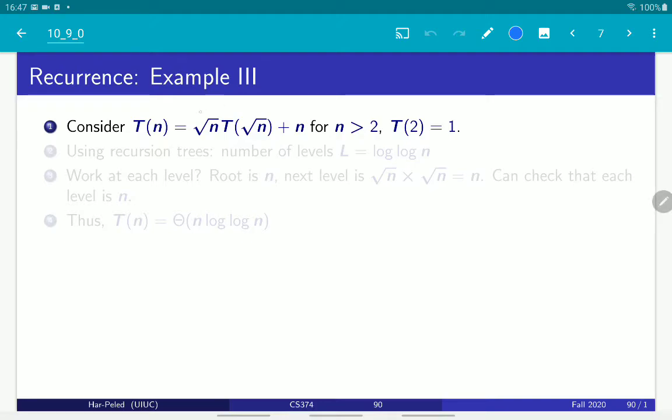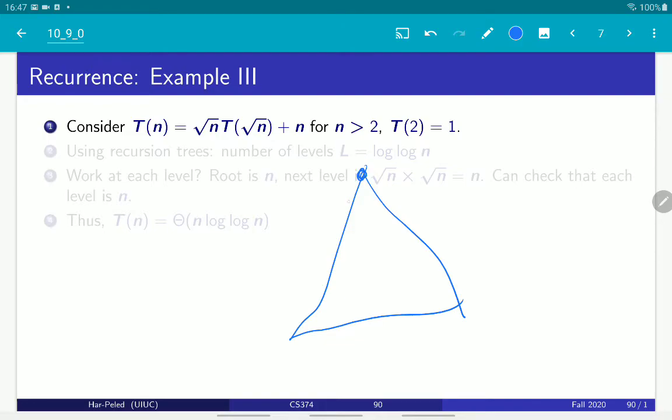And in particular, here is a cute example of using it. This is a recurrence which is very similar to the previous one, except that instead of doing one recursive call, we do square root n recursive calls, and previously it was 1 and now it's n. So now we have to draw the full-fledged recurrence tree.